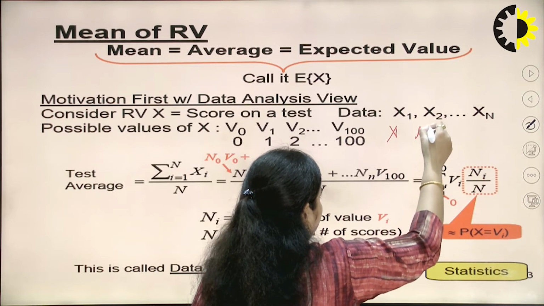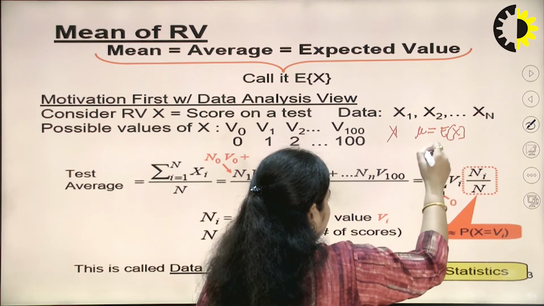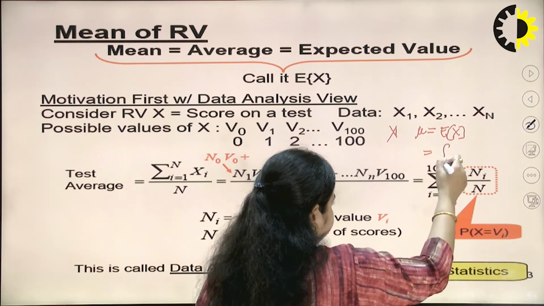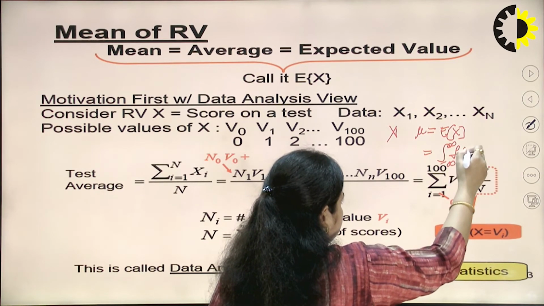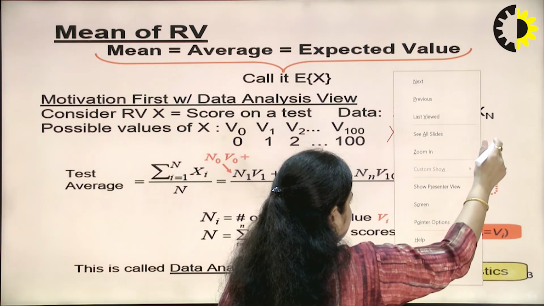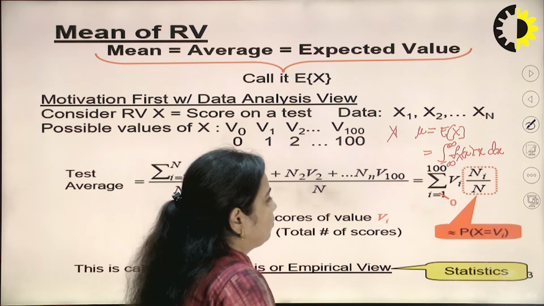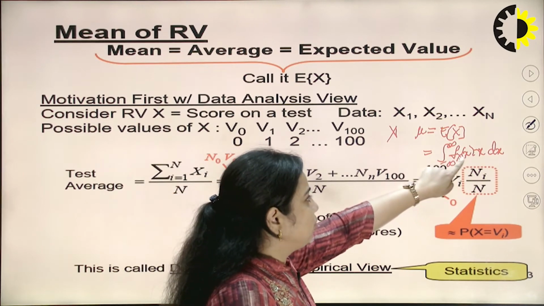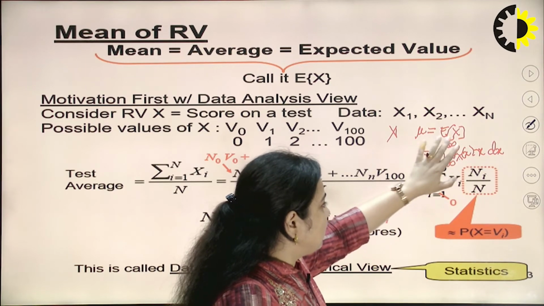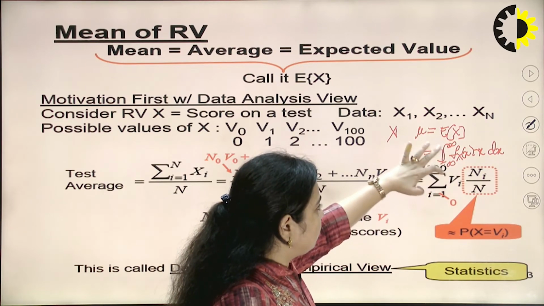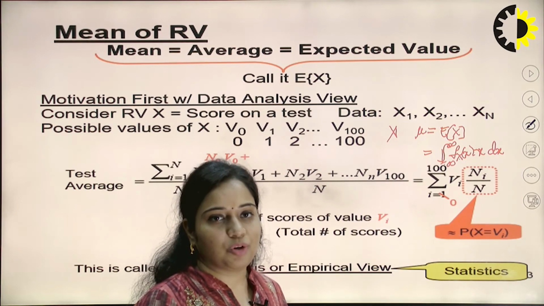The mean will be denoted by mu, which will be equal to the expected value of x, and its formula is the integral from minus infinity to infinity of x times f_X(x) dx. What does it mean? This will be the PDF of the random variable x multiplied by the variable itself, integrated over the interval minus infinity to infinity. This interval can be changed depending on the PDF distribution of the random variable x.